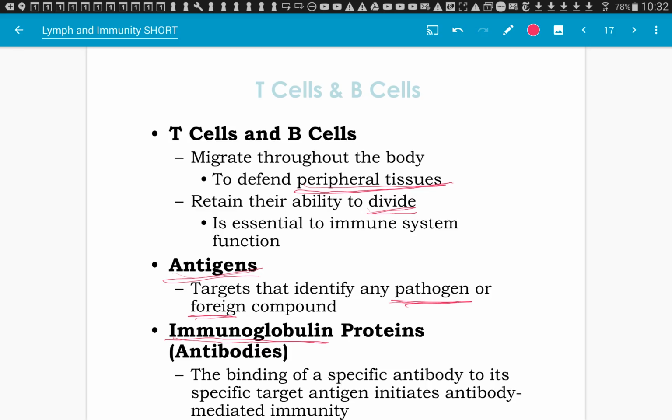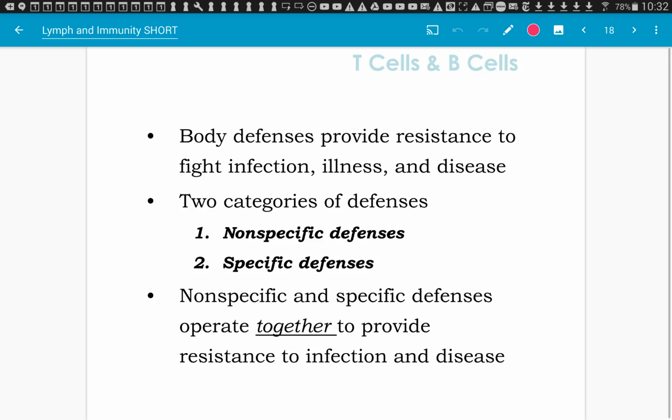So the immunoglobulins, the antibodies, bind to that specific antigen that doesn't belong and then start the immune response of killing those cells that don't belong. So there are 2 main categories of defense: immune system defense against something that does not belong, or a damaged cell or a mutated cell.